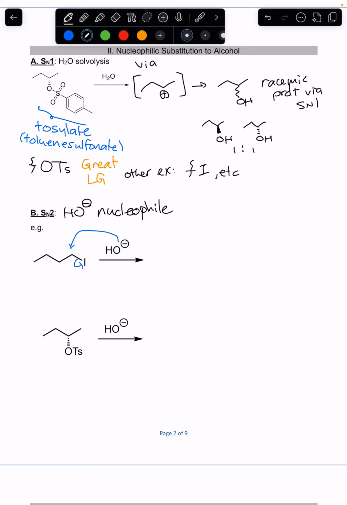Right? Primary just means the carbon with the leaving group is only attached to one other carbon. Then you can easily make an alcohol via SN2 reaction. These are good for primary alcohols, right?